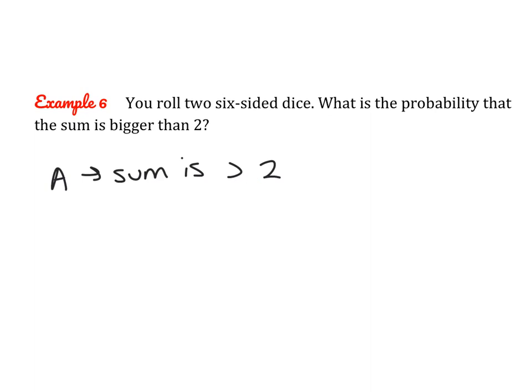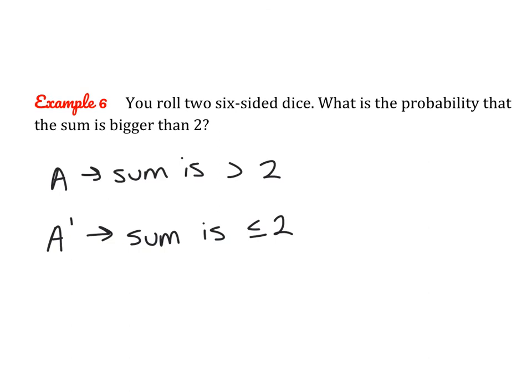The number of favorable outcomes here is a lot. You would have to go through and count all of those favorable outcomes. However, it's much faster for us to find the complement when the sum is less than or equal to 2. And we know that there's actually only one case when that's happening.